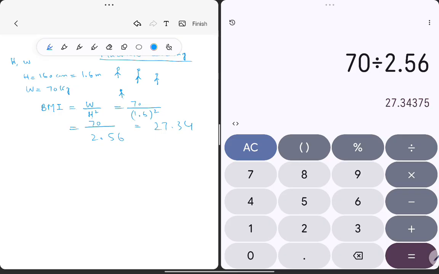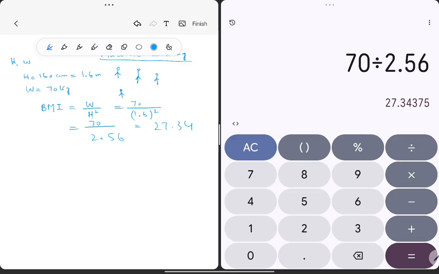For that, there are resources available on Google, and one can easily check it there. Here I have to tell you one thing. If weight is more, BMI is more. If height is more, BMI is less. This means that having more weight, for a given height, is a problem.